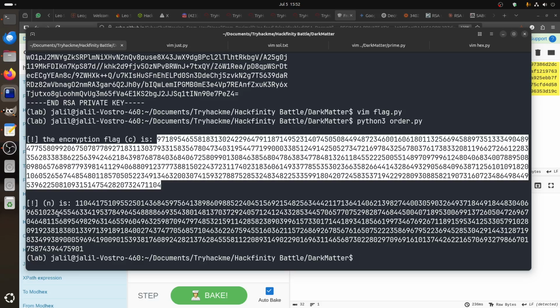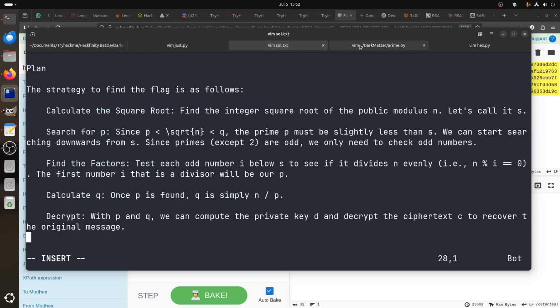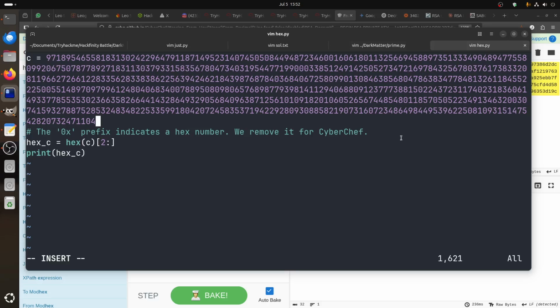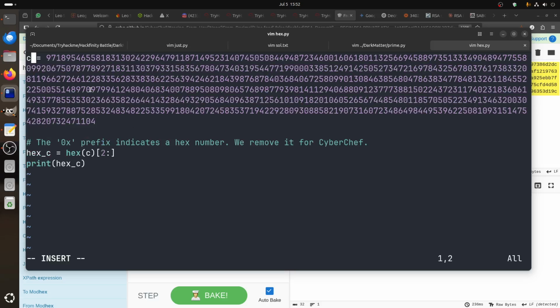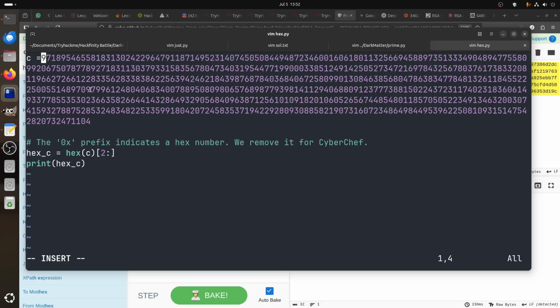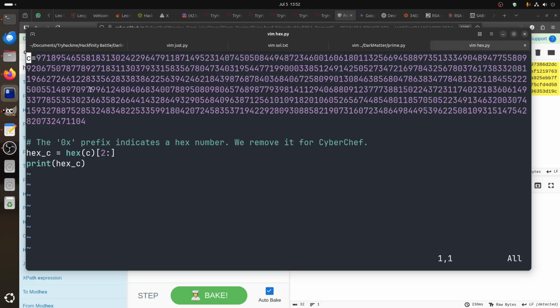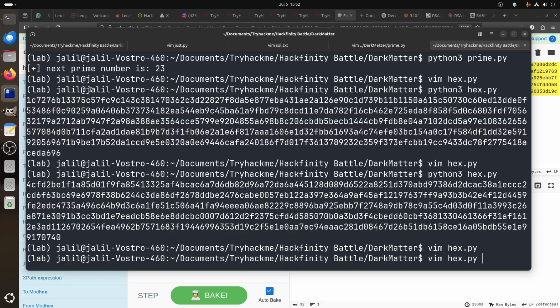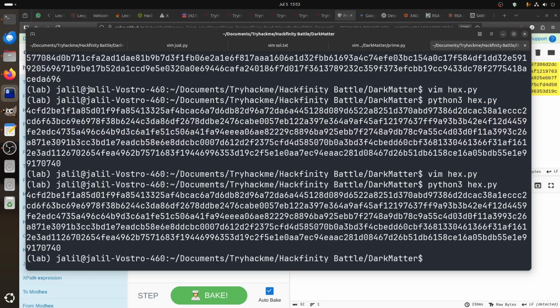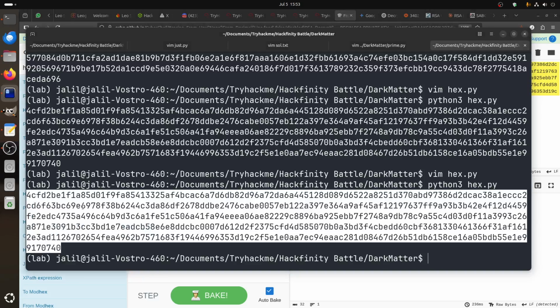This is the N. Are there any spaces or something? No, there's nothing. So why is it not working?